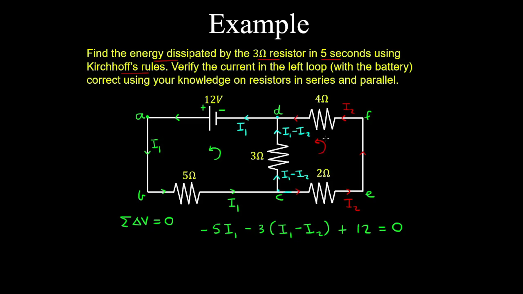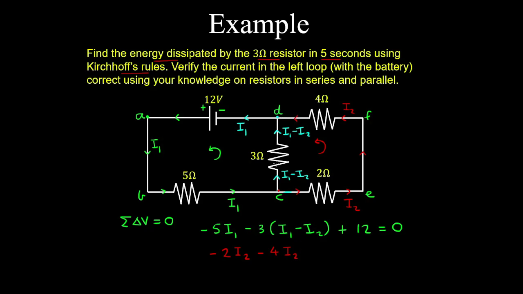Now doing the same for the second loop, if we start at point C and travel in the direction of the current, we have a potential drop across the first resistor being 2 ohms by I2, and a potential drop across the second resistor being 4 ohms by the current I2.